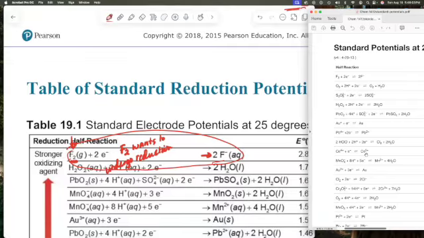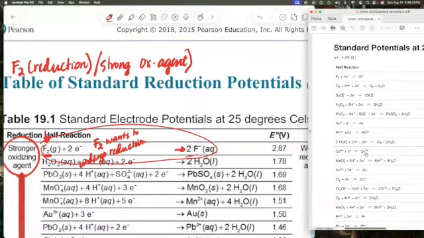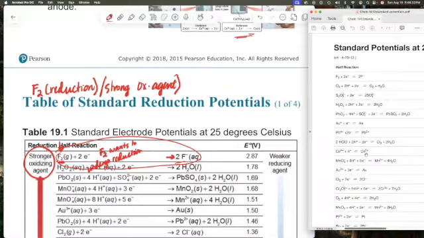And remember, the element that undergoes reduction, so F2, since it undergoes strong reduction, is a strong oxidizing agent. Because I told you guys in class, the one that undergoes reduction is also an oxidizing agent. It causes oxidation in the other element, right? Strong reduction, strong oxidizing agent. So you see that label right here. Now, these are all relative terms. So the one that's a strong oxidizing agent is a weaker reducing agent, okay?